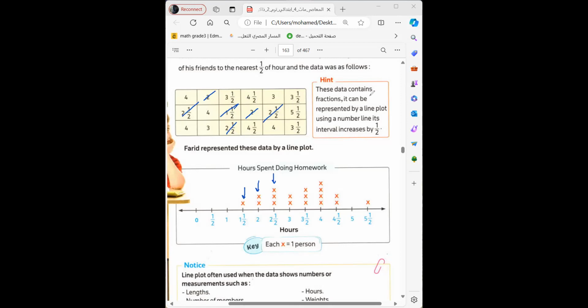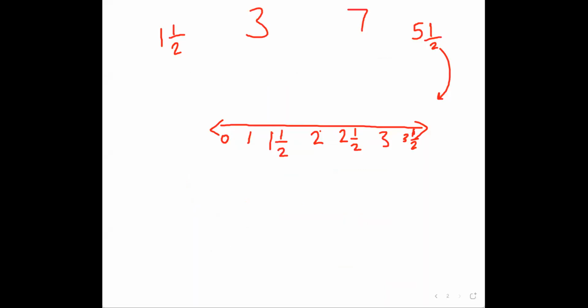And then I start to ask my questions or answer my questions as they are. This is related to the line plot and how do I put the mixed number or the fractions on the line plot. Easy. One more time. Can you tell me when do I use the line plot?